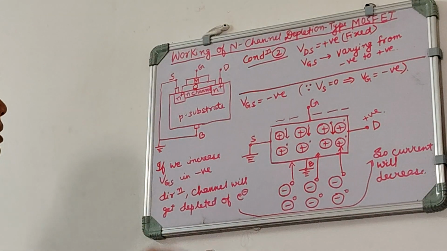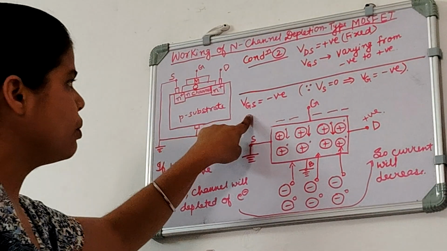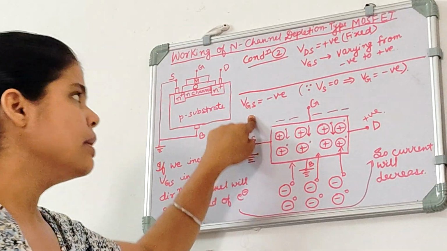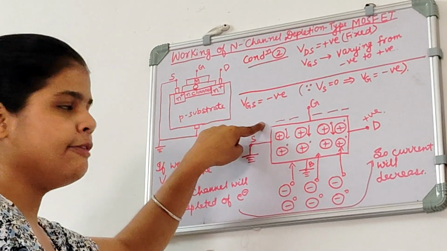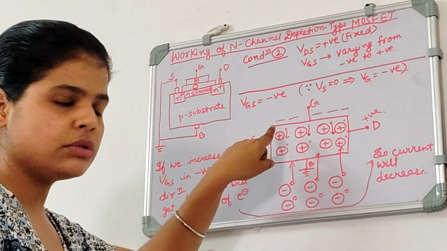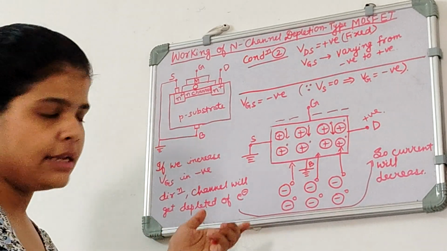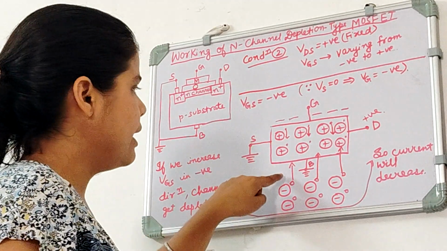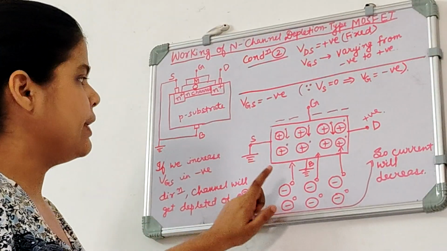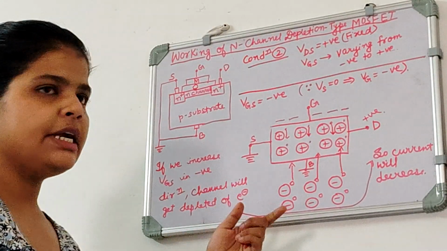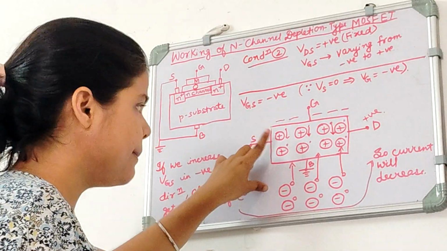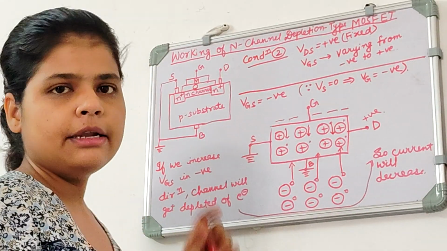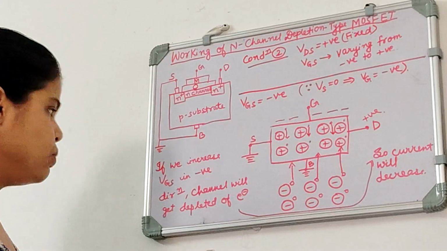Okay. So first we took VGS to be negative. That means Vg equals negative. That negative voltage will repel those electrons which are in the channel, and that negative voltage will also attract the holes from the p substrate. So the electrons from the channel and the holes from the p substrate will recombine. So the channel will start getting depleted of electrons.